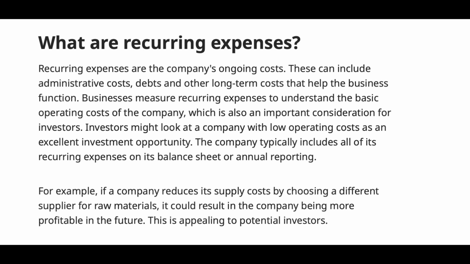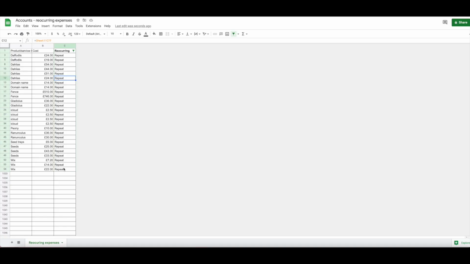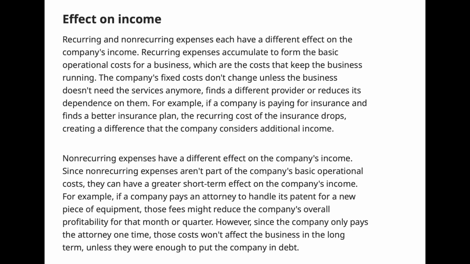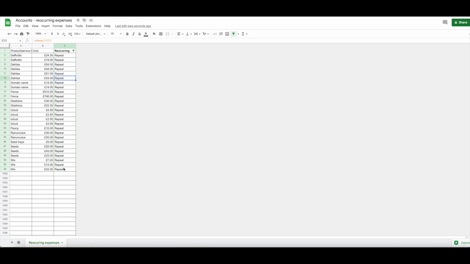Are they large repayments, smaller repeat payments, things that I'm spending a lot of money on a regular basis, and whether I can maybe drive down costs. Is there any way that I can save money rather than buying the same thing lots of different times? Can I buy more all at once and find that I can pay less? That's why I'm collating this information, just for me to have the data to see myself.